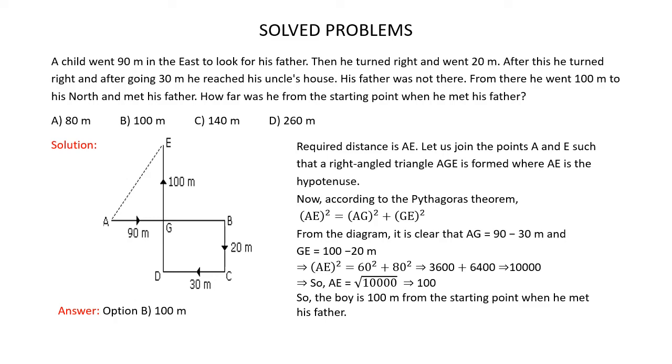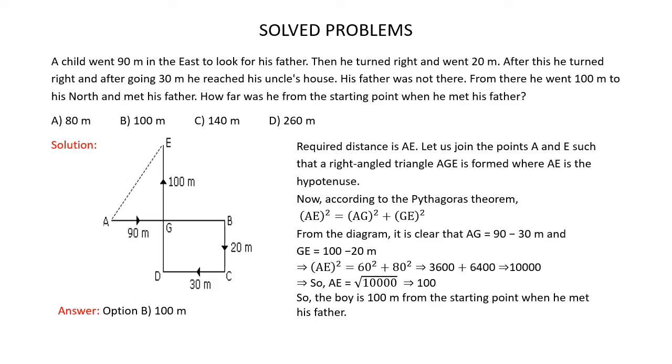So the boy starts from point A and goes 90 meters to the east to look for his father and reaches point B. Then he turned right and went 20 meters to reach point C. After this, he turned to the right and after going 30 meters, he reached his uncle's house, which is at point D. So his father was not there. So from there he went 100 meters to his north and reached point E where he met his father.